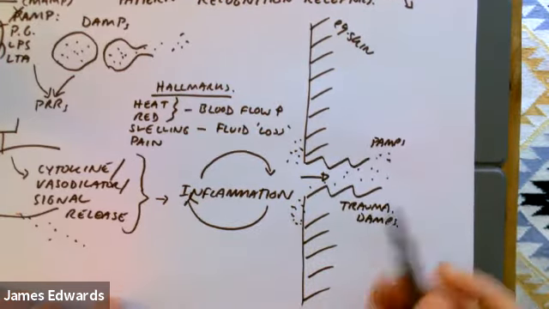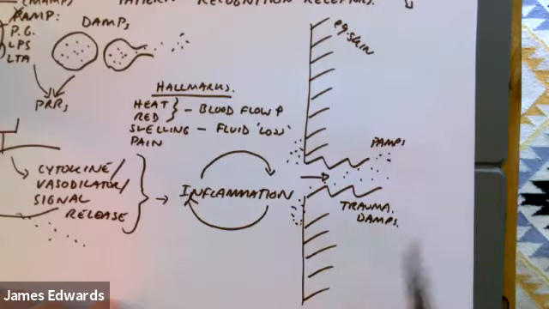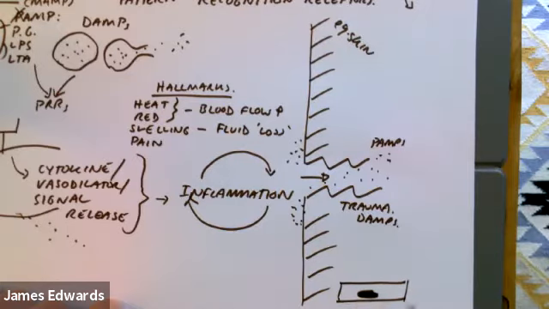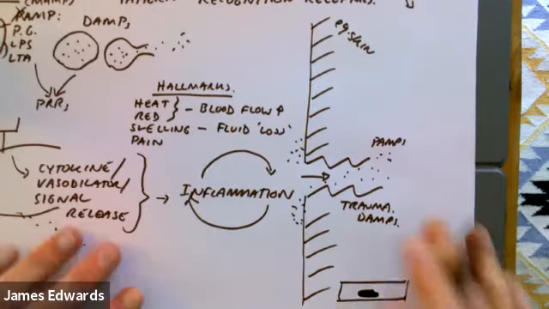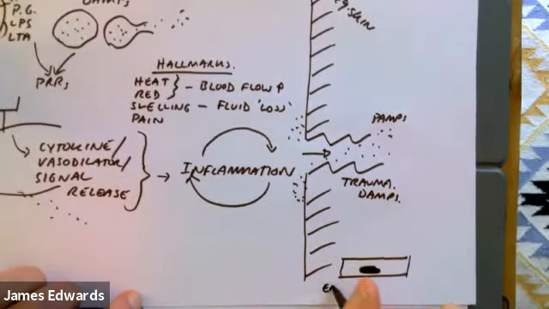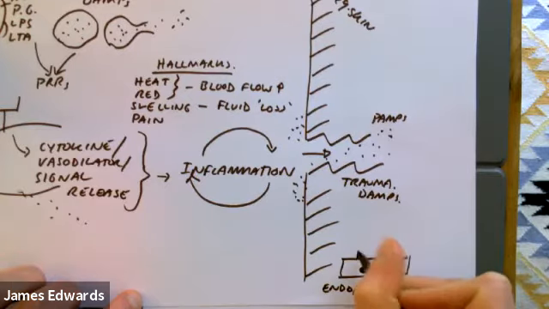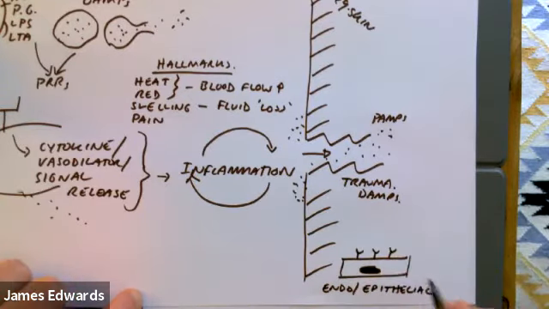What's going to happen? Both of these things can be detected by endothelial or epithelial cells. And in turn, they can go on to trigger vasodilation or signal for cells to be recruited into the area.